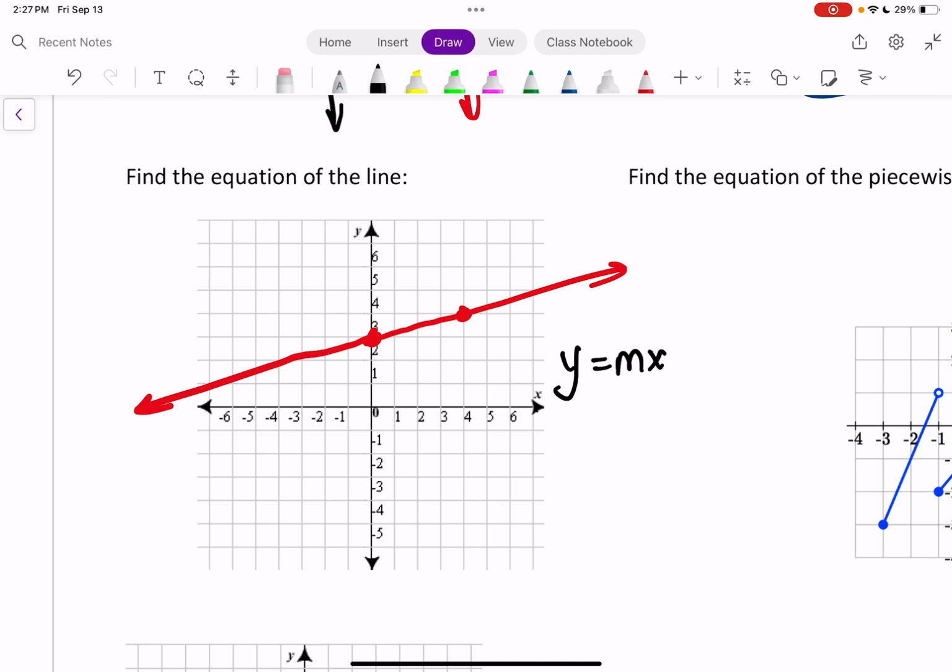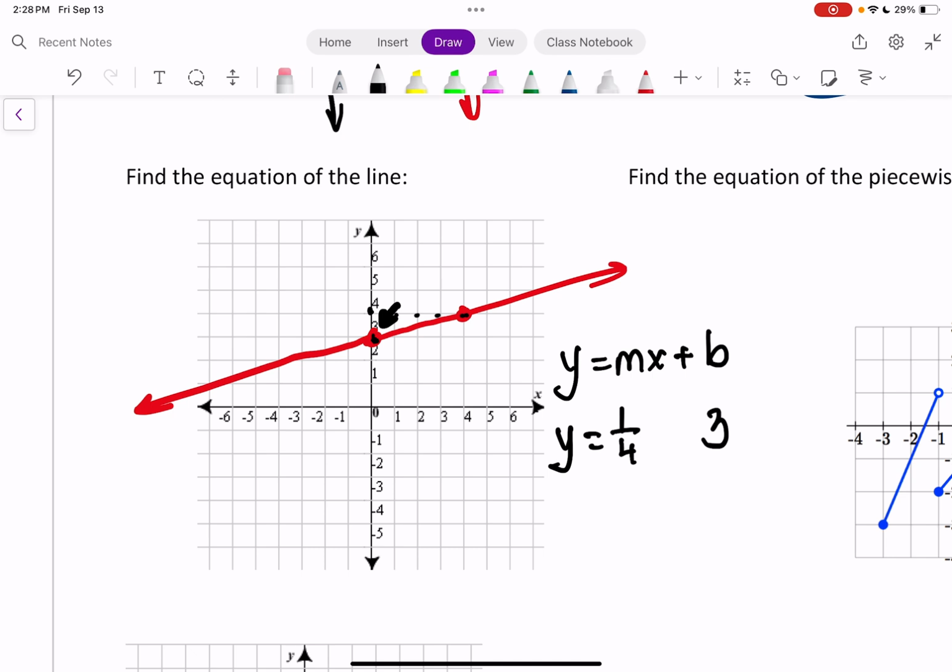All I need to know is, can I read the y-intercept and can I read the slope? And the y-intercept is super easy. It's a 3. And for the slope, I have to count how this line is moving. Between these 2 points, as you see, the line went 1 up and 1, 2, 3, 4 to the right.